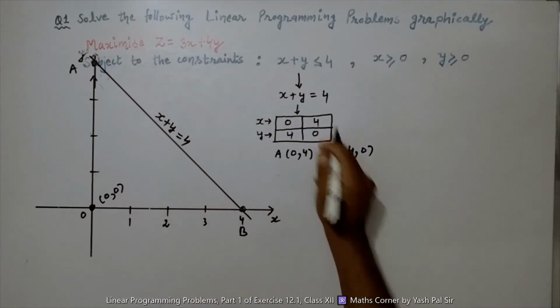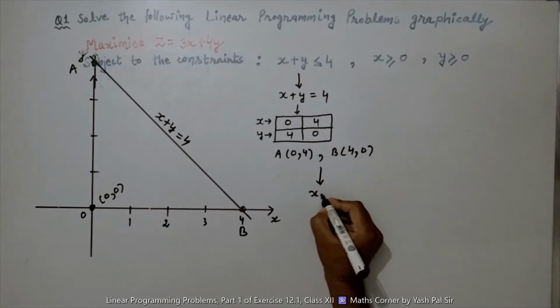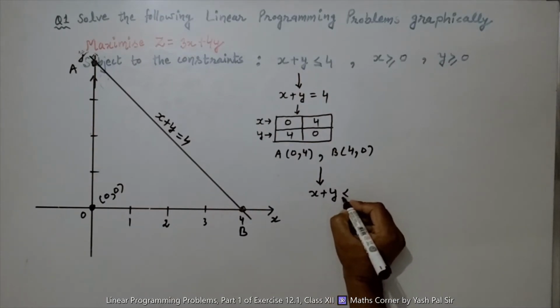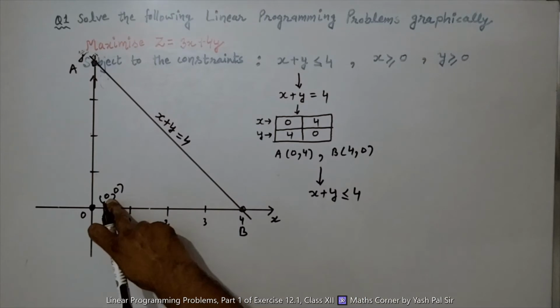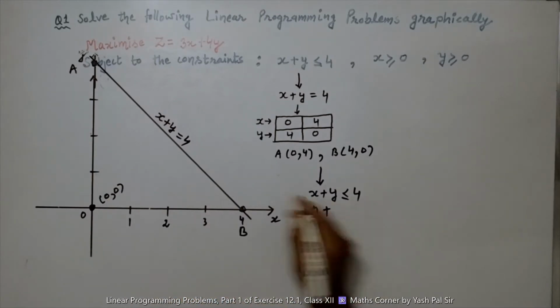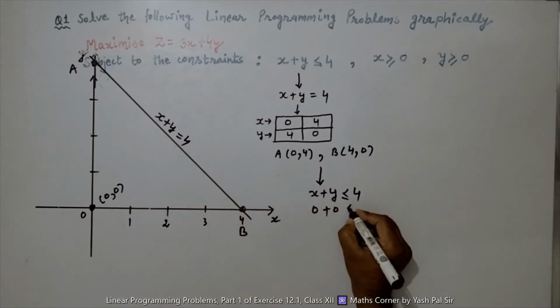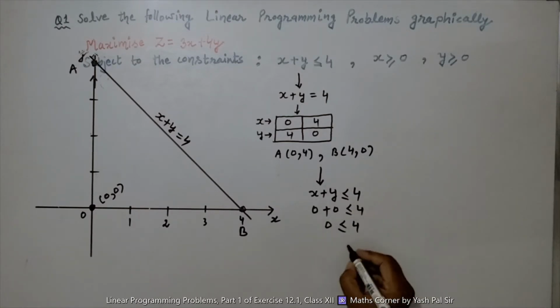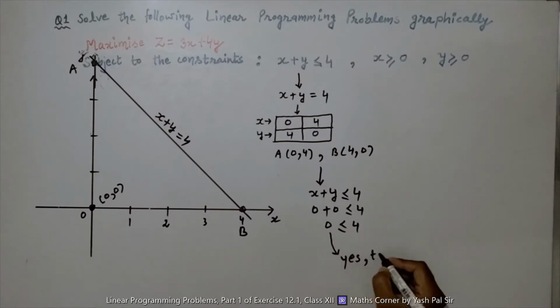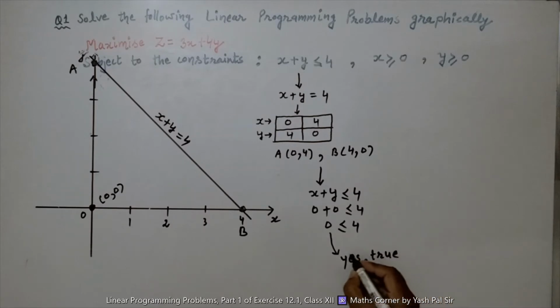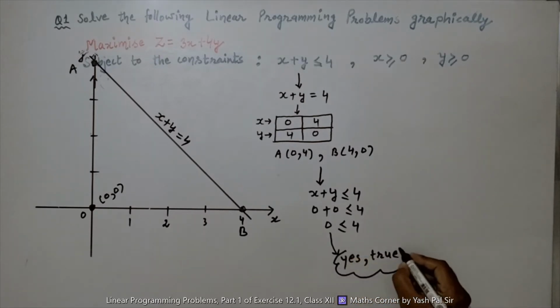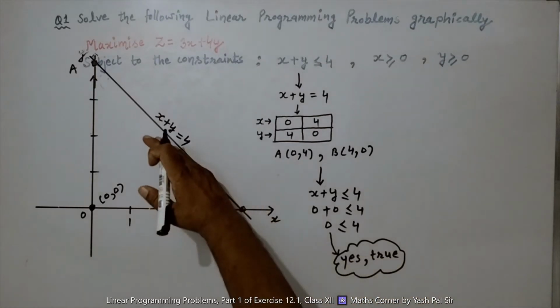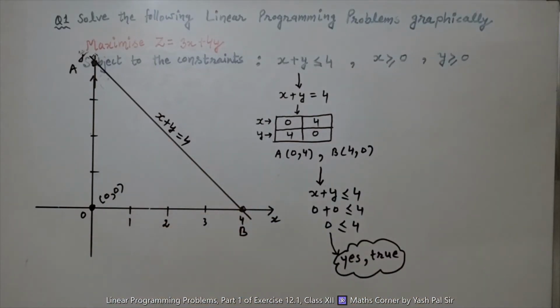The given constraint was x plus y less than or equal to 4. We put x equal to 0 and y equal to 0: 0 is less than or equal to 4. Yes, this is true. If this is true, this indicates that the shading will be towards this point.